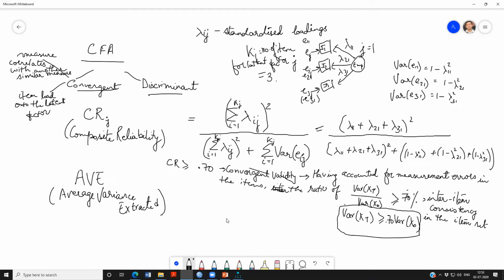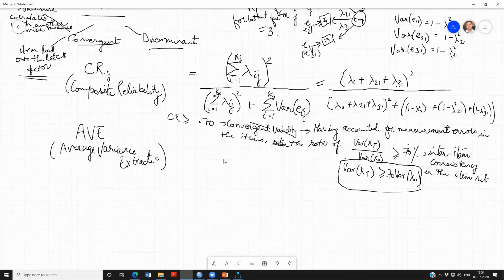Right, so there is high inter-item consistency, and the items are a good measure of the underlying construct, and therefore we call this a kind of convergent validity check.